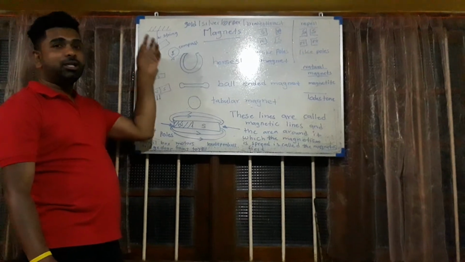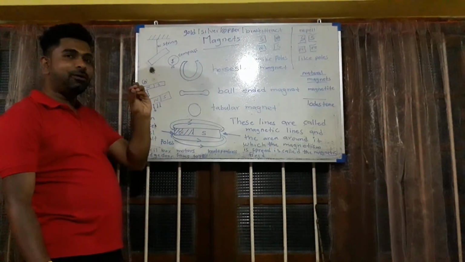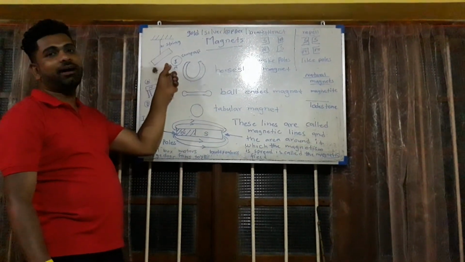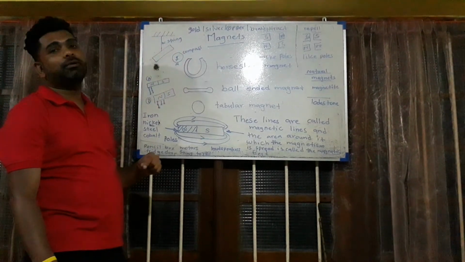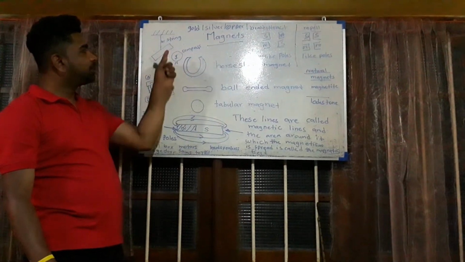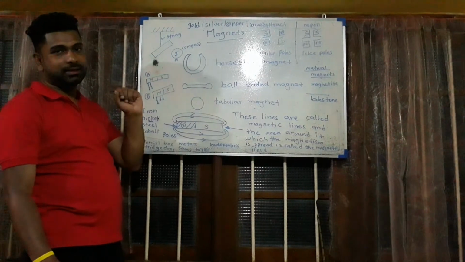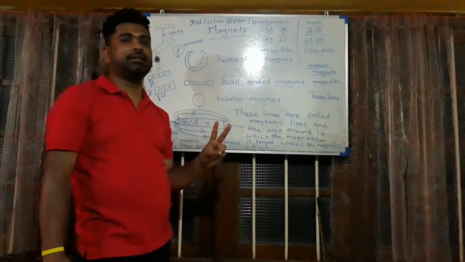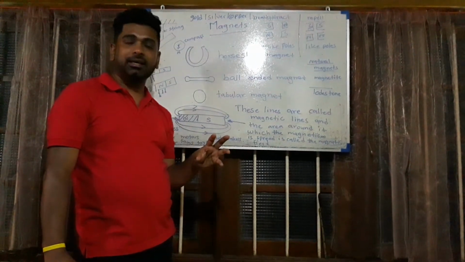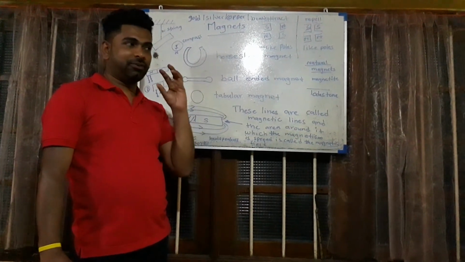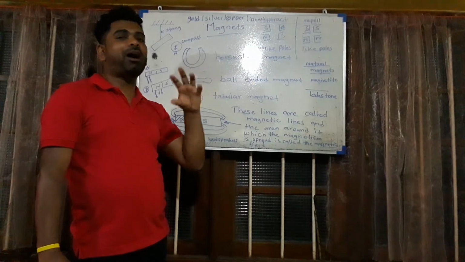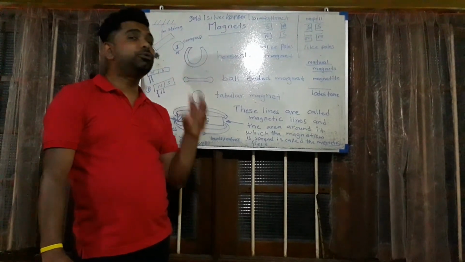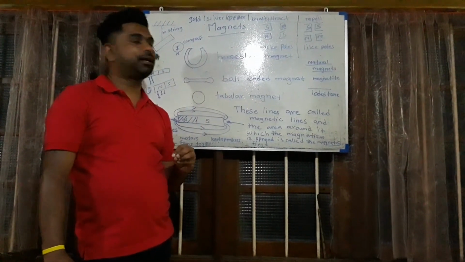First, you are given an unknown magnet, how to find the north and south pole of the given magnet with the help of a compass, right? And here you are given two types of magnet and some iron nails, how to find the more powerful magnet. So do that experiment at home.